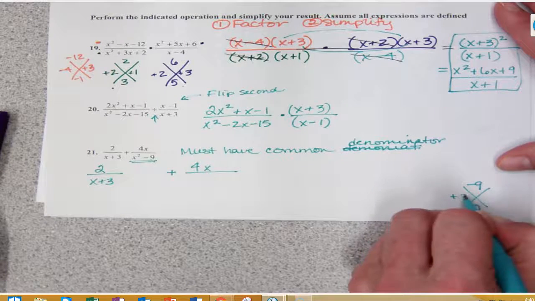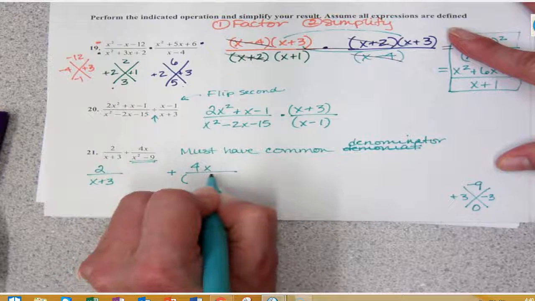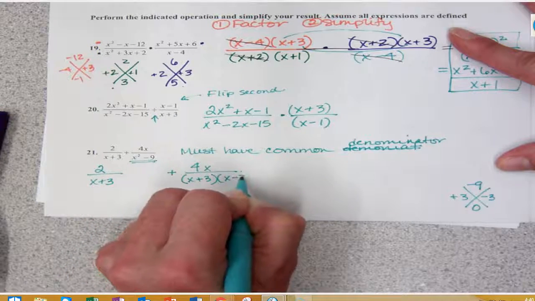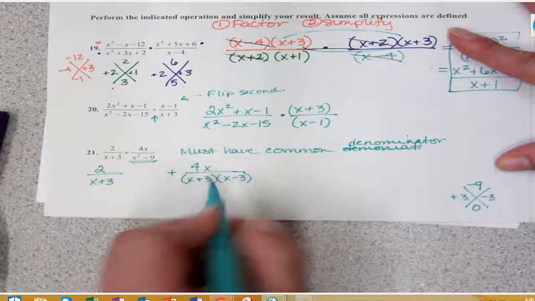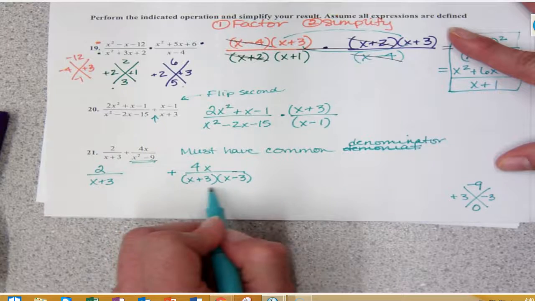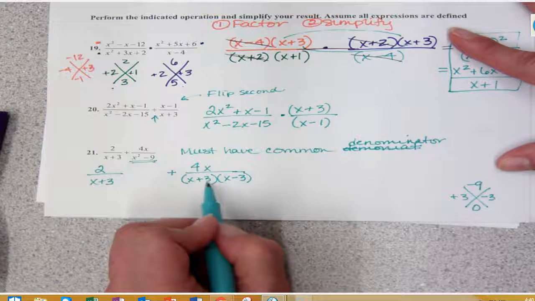And that would be plus 3 and minus 3. So I can factor that as x plus 3, x minus 3. And if I were to multiply those back together, x squared minus 3x plus 3x would give me 0x.